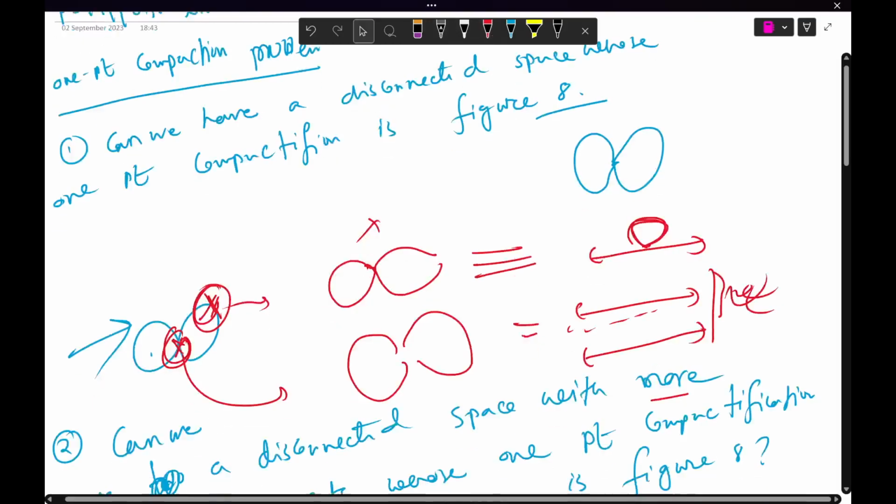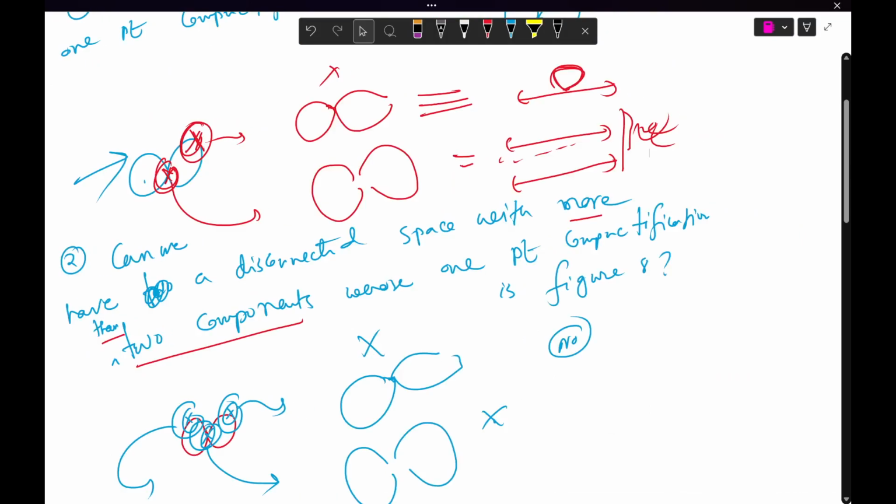And the second problem was: is it possible to get a disconnected space with more than two components whose one-point compactification is figure 8? So basically, we need to argue that from figure 8, if you remove one point from different positions, can you get a space having more than two components.